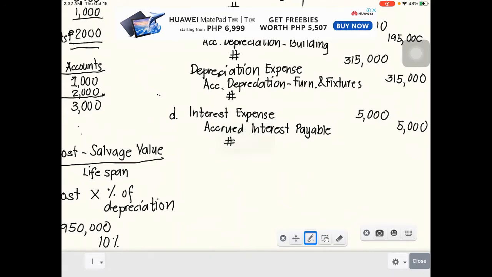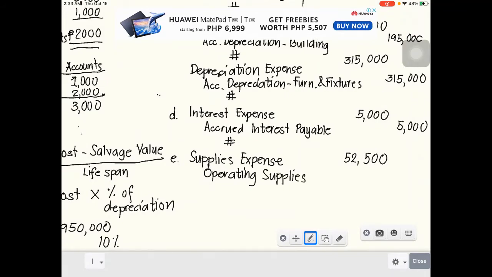So letter E, supplies expense, 52,500, while your credit is operating supplies. You have to deduct because it was overstated, 52,500.